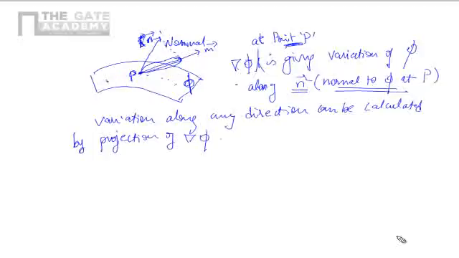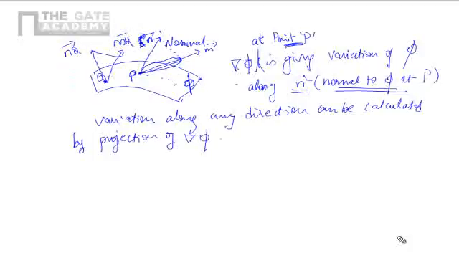Now if instead of P you want to find it at Q, you substitute the xyz value of Q. Now it will give the variation along the normal at Q. Let me call this nq vector. You can find the variation along the mq vector by projecting the normal here. Clear? This is what we are going to do.